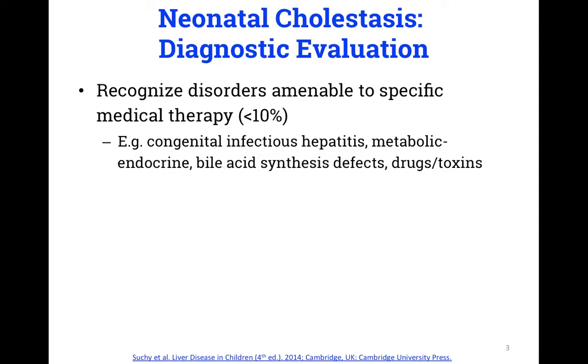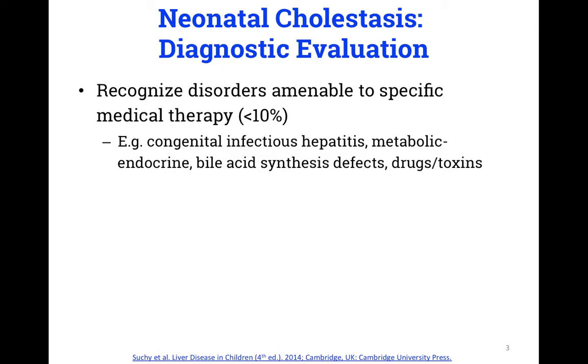Of the metabolic endocrine group, there's a large number of underlying diseases for which treatment will not only prevent cholestasis and treat this, but will also prevent significant morbidity and mortality from other manifestations of the disease. An example of this would be galactosemia, which is a problem with the ability to handle galactose, which is a major component of lactose, which is found in breast milk and many formulas.